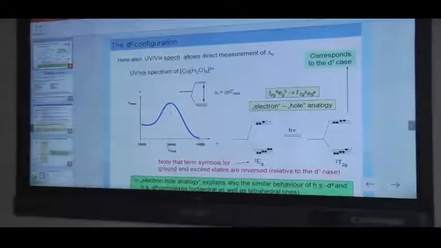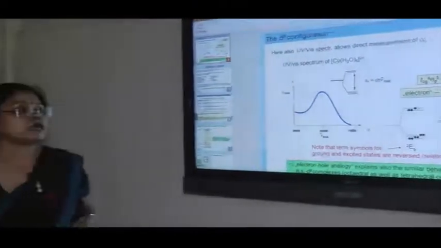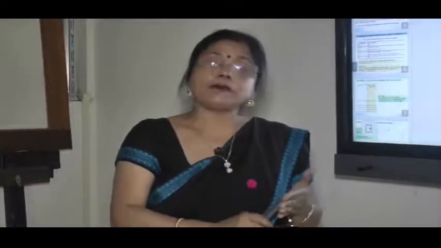So, at the end what I want to say is that whenever we are given any problem regarding the transition metals and their color, simply we have to go to the oxidation state of the metal. Whatever be the complex of a transition metal, first we have to go to the oxidation state.